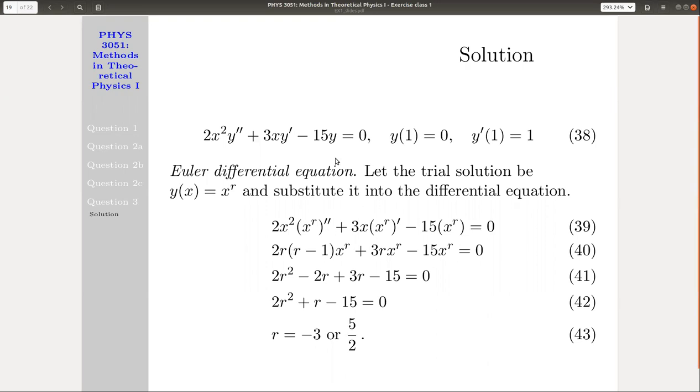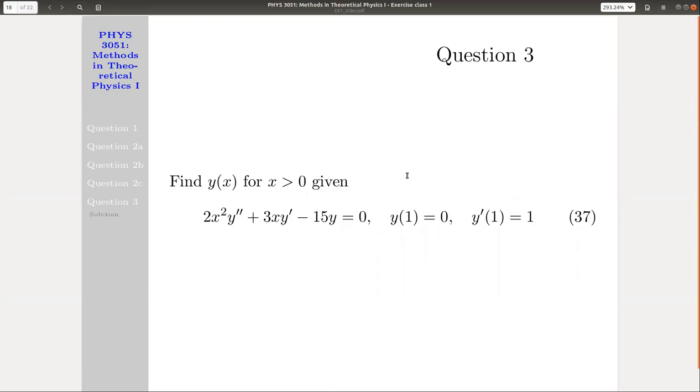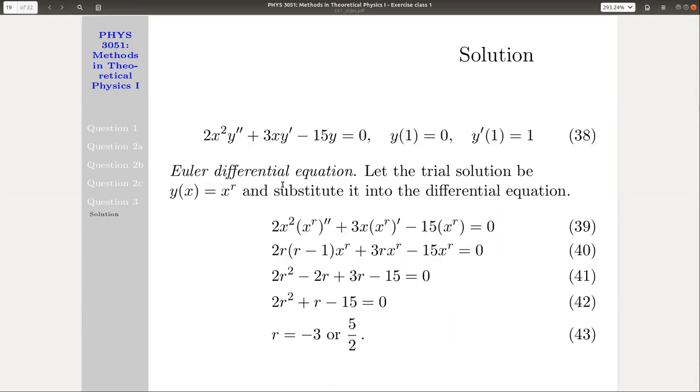And because here we have x greater than 0, the x term will not be 0, so it will be safe for us to just cancel the x to the power out here. And then what we have left is a quadratic equation. Then you just solve for r, and you will get minus 3 or 5 over 2.